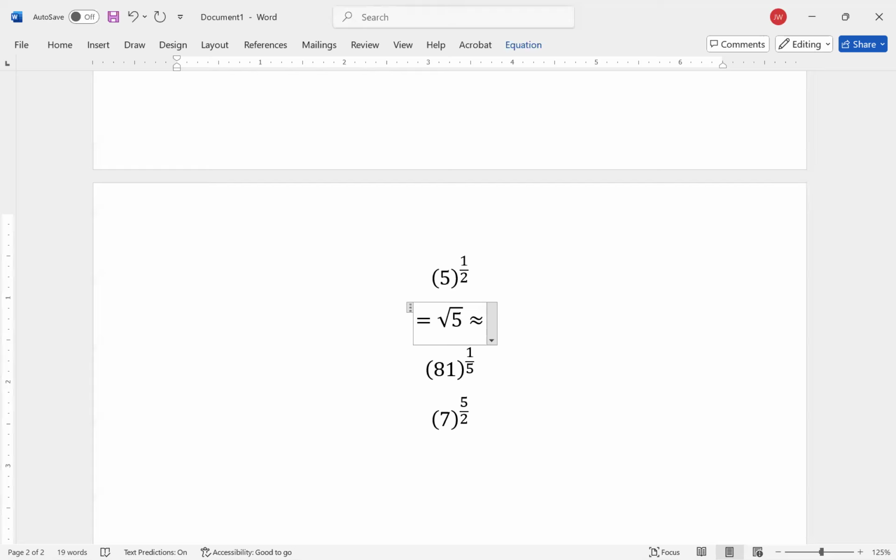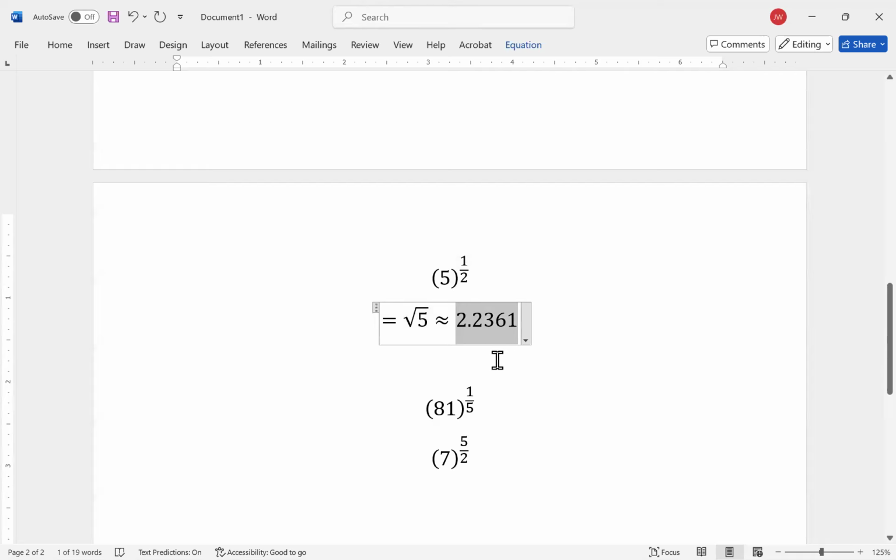And therefore, if you're writing this as a decimal, you can only get an approximate value. 2.2361, if I'm going out to 4 decimal places, is the approximate value for the square root of 5. That means if I took that 2.2361 and multiplied it times itself, then I would get about 5. If I take this exact value, the one that's in my calculator right now, and I multiply it by itself, I'd get exactly 5.